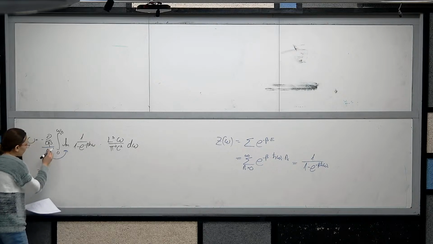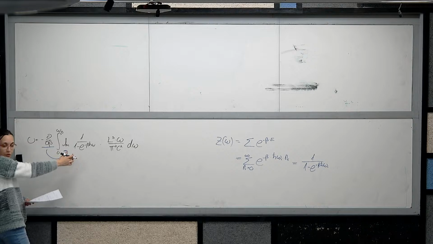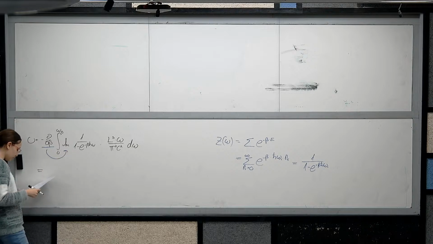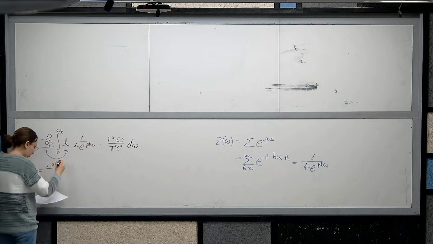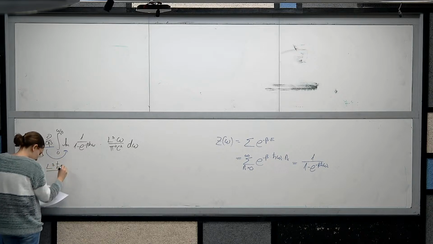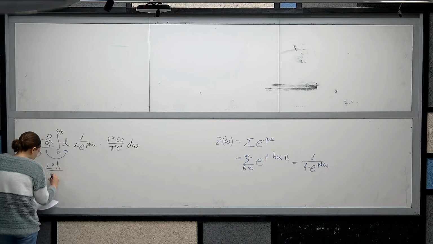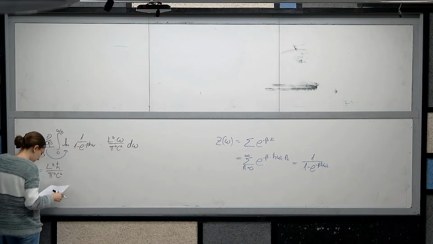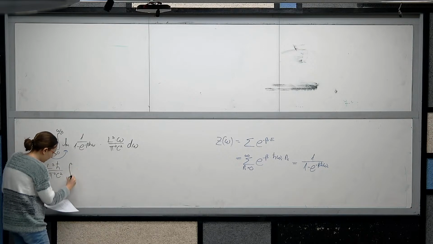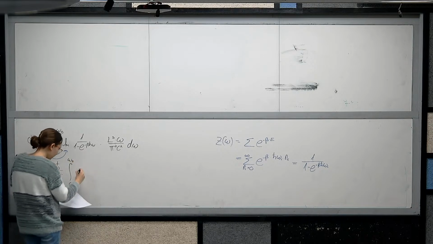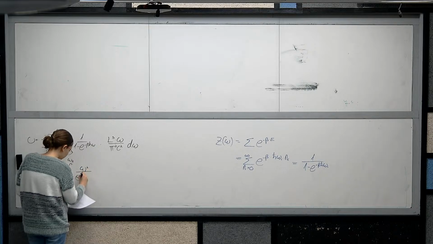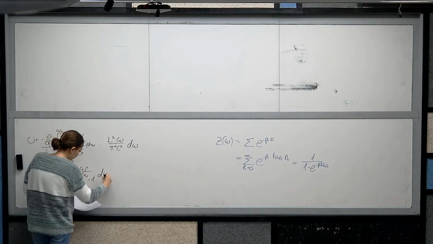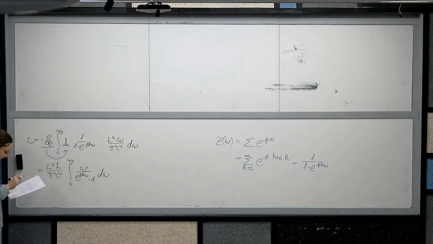If we do this derivative according to beta, we get that the internal energy equals all the constants, L to the third times h bar divided by pi squared c squared, and this integral of omega squared divided by e to the beta h bar omega minus 1, d omega.